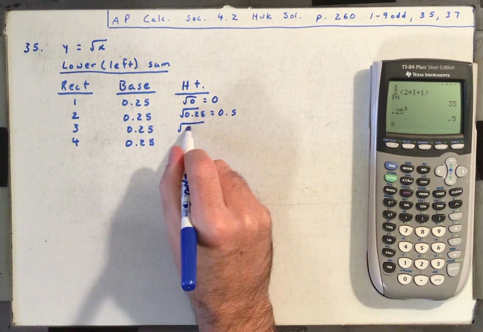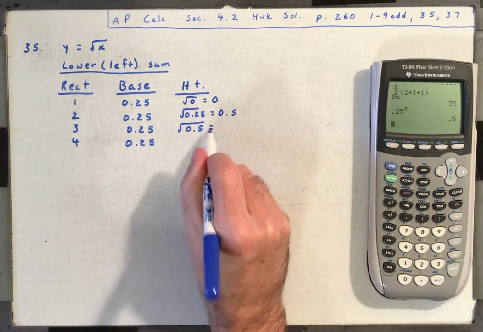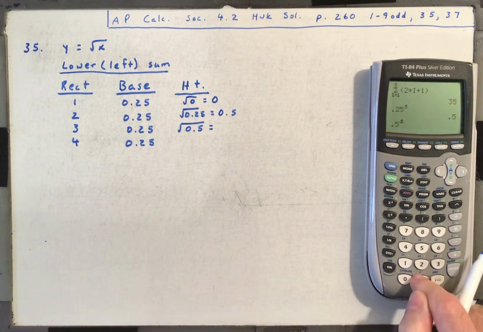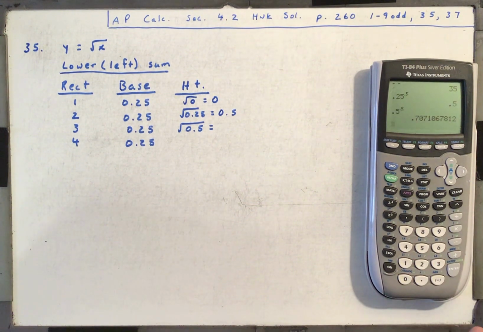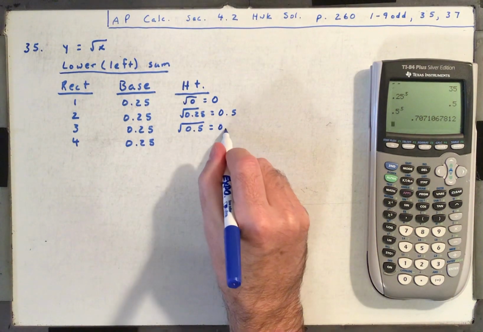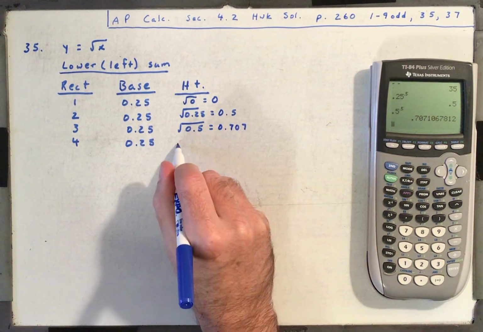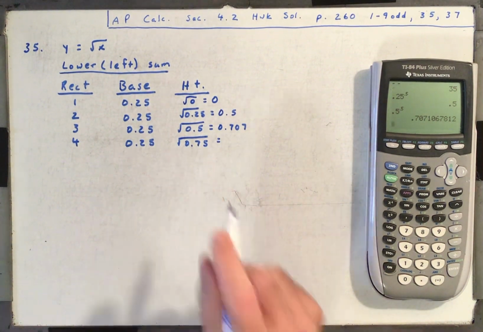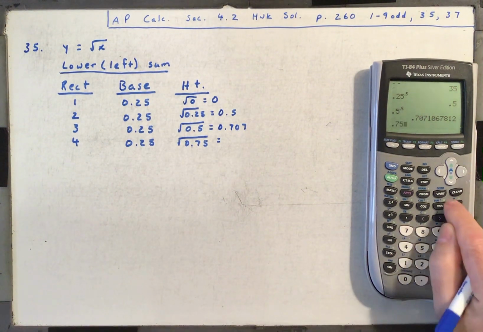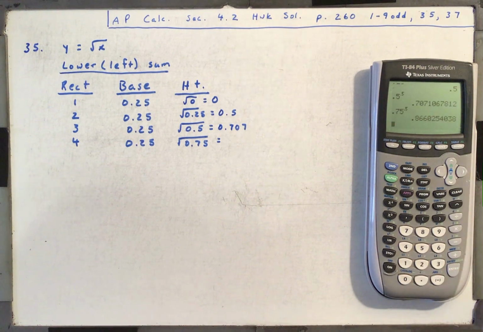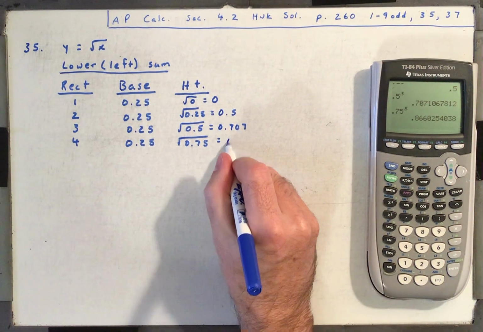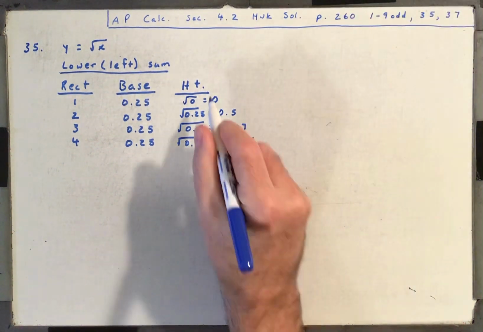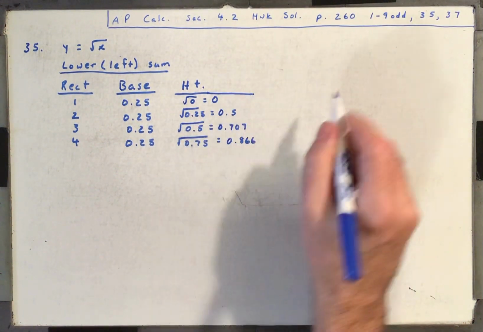And the square root of 0.5 is 0.707. And the square root of 0.75 is 0.866. Okay, so that is the height of each rectangle.